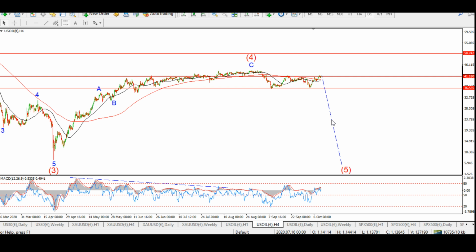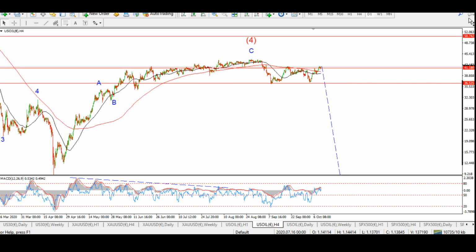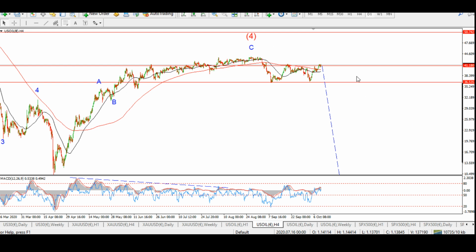I only have a rudimentary understanding of Elliott wave, it turns out. If you were to look at this 4-hour chart and what's happened off that recent top, you would just say that looks like 5 waves down, and that looks like a 3 waves sideways corrective pattern. Yes, no? I think so.